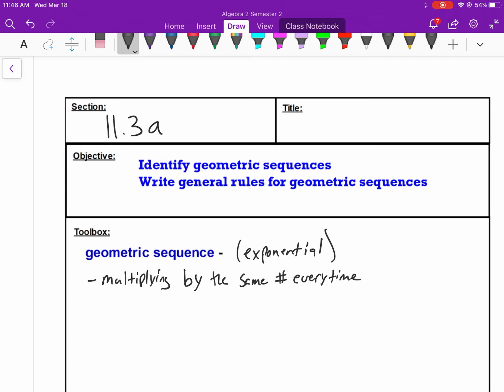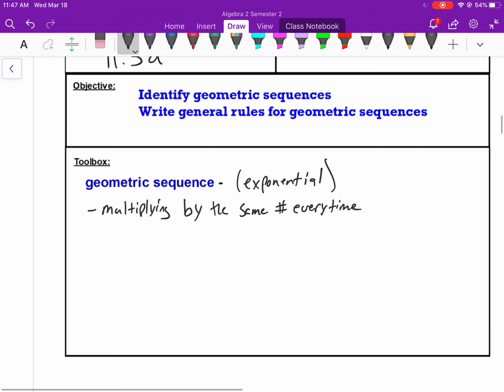Now, when you start looking at division, you can always think of division as multiplying as well. If you were dividing by 2, you can think of it as multiplying by 1/2. Now, we call it a general rule, and it's also going to be called an explicit rule.